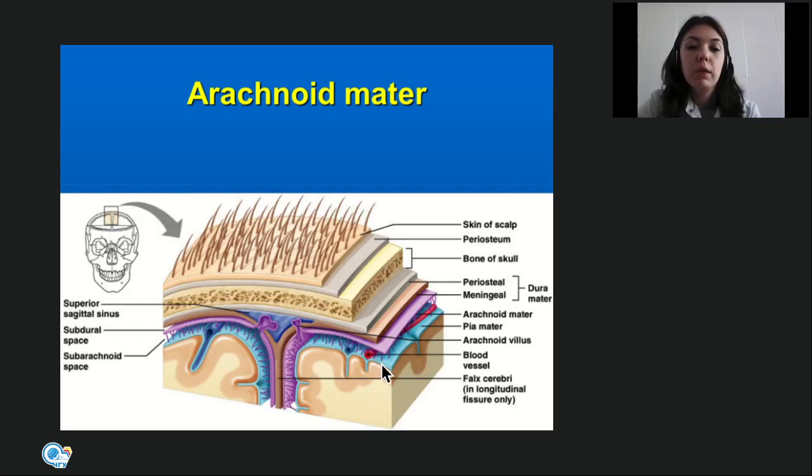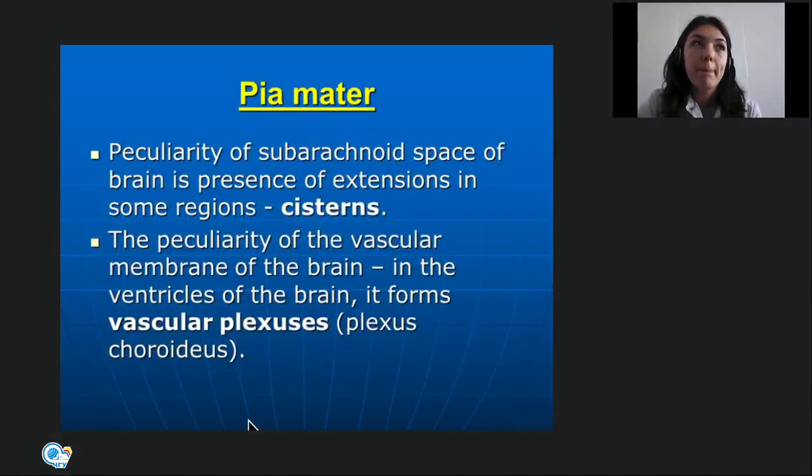Between arachnoid mater and dura mater there is the subdural space, and between arachnoid mater and pia mater there is the subarachnoid space. Because of the difference in the course of arachnoid mater and dura mater, there are enlargements of the subarachnoid space in some regions, and they are named cisterns.